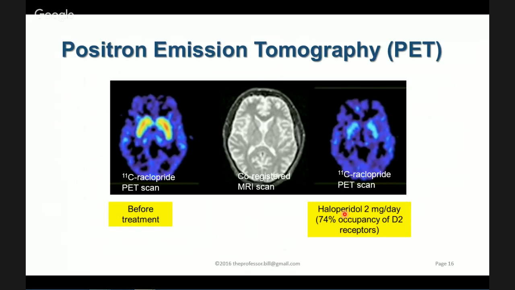If they don't have that receptor binding and blockade, they won't. So this is actually a therapeutic tool used in pharmacology to estimate whether this drug is going to work on this patient with schizophrenia. If we don't get above a certain receptor occupancy, this drug's not going to work.